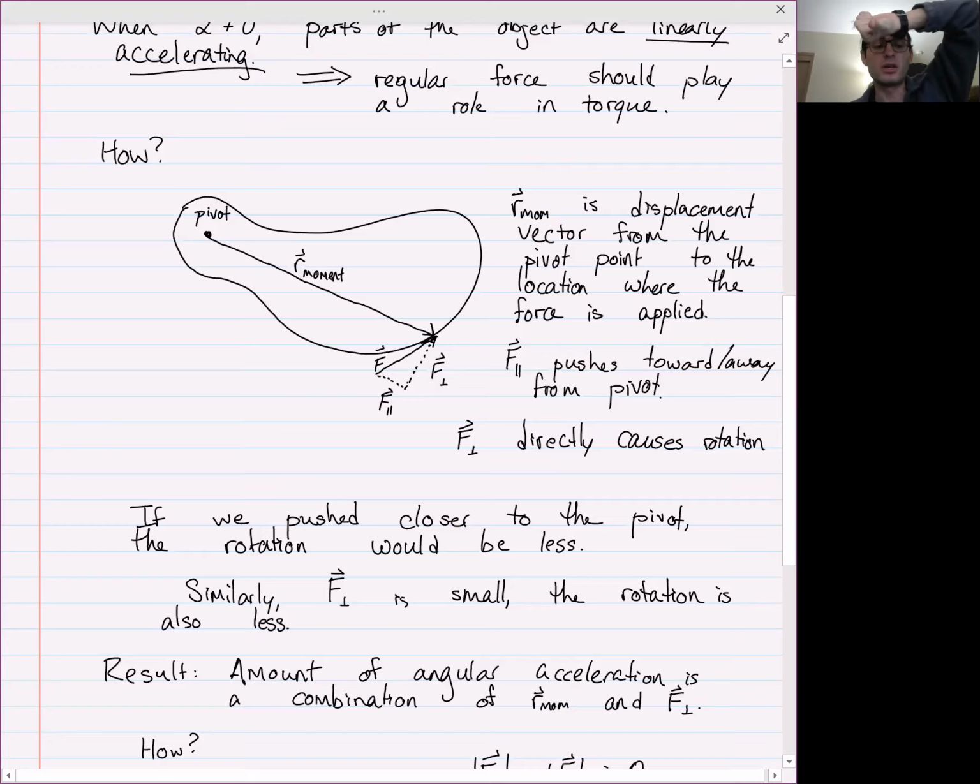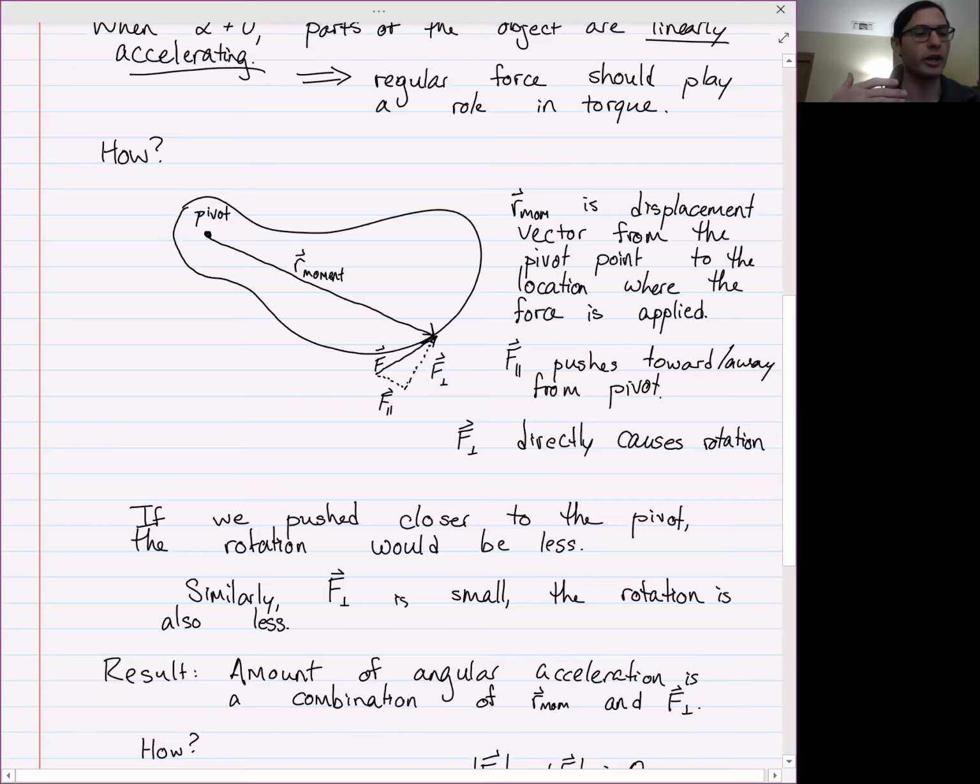Now, what does that mean? We would expect that it would cause rotation counterclockwise. But what is the associated direction of counterclockwise motion? Well, counterclockwise motion is curling my hands counterclockwise. That would also be out of the screen.